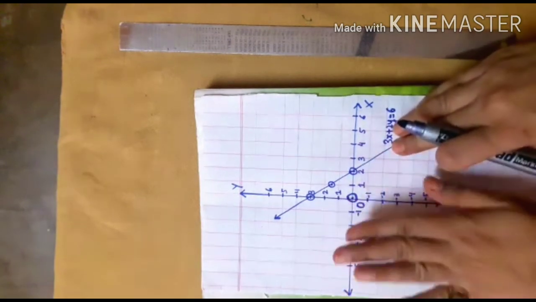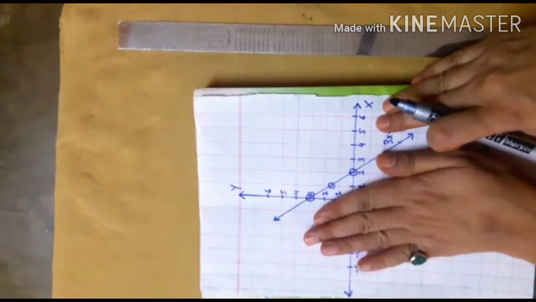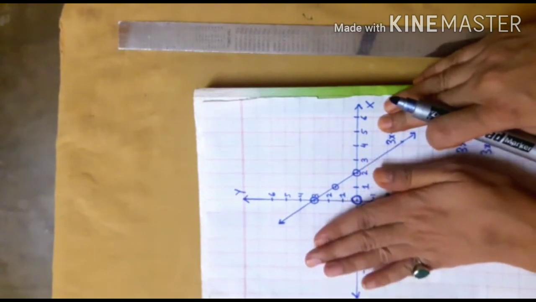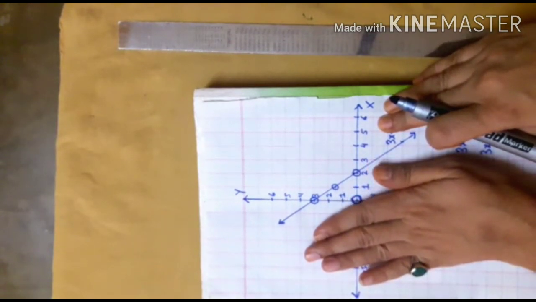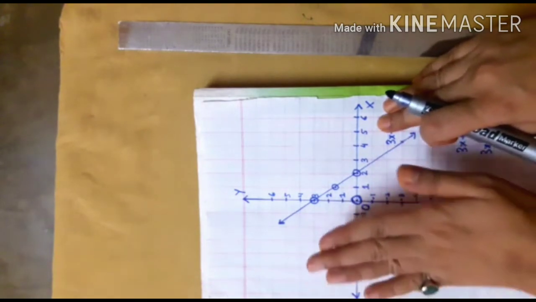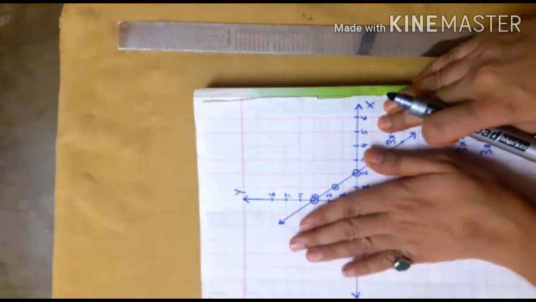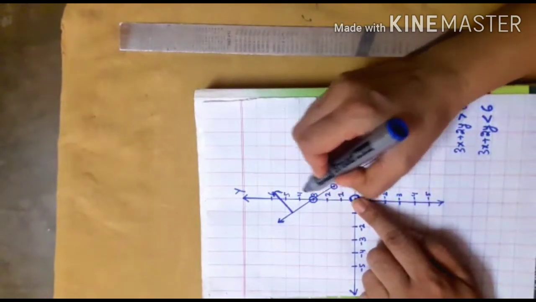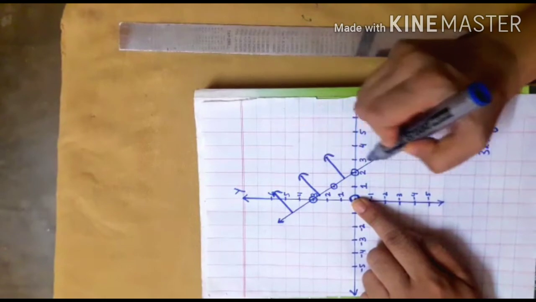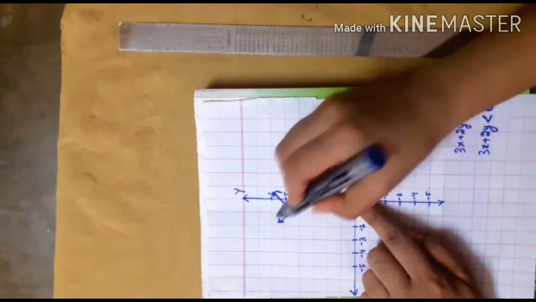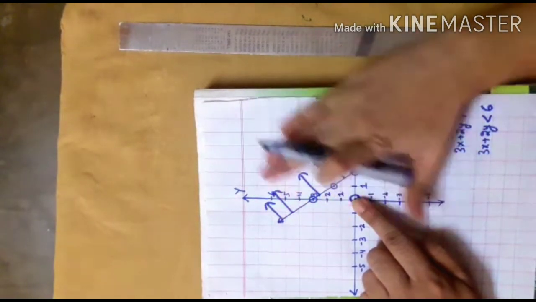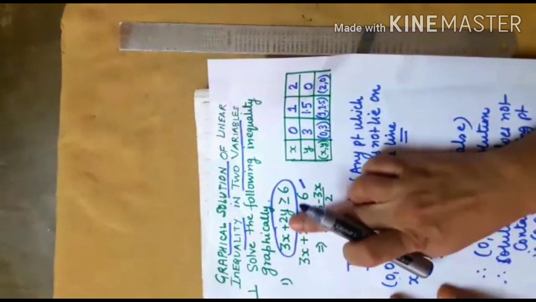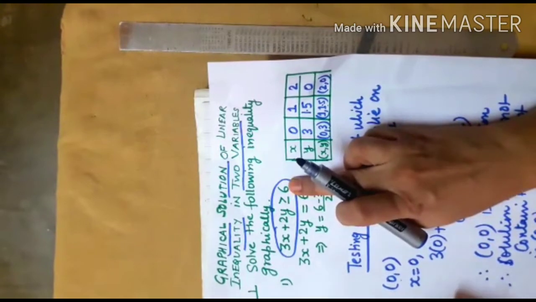So the half plane, this part, cannot be the solution region of the given inequality. So the solution region will be the region which does not contain this point. So shading will be done this way. So this region is the solution region of the inequality 3x plus 2y greater than or equal to 6.